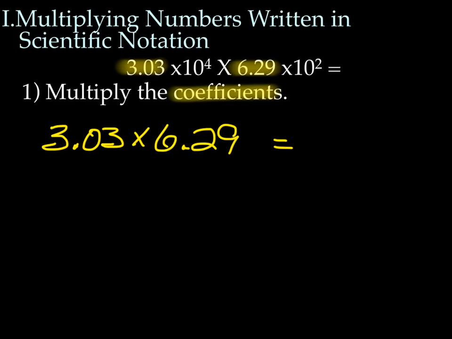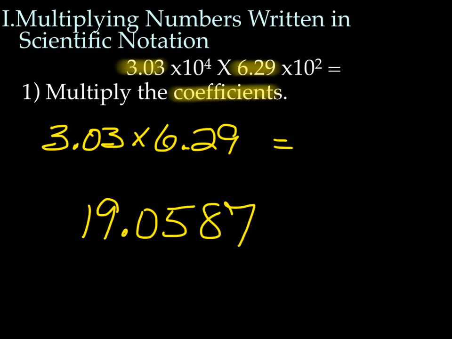And I got 19.0587. All right, so again, we multiplied the coefficients, 3.03 times 6.29, and got 19.0587.